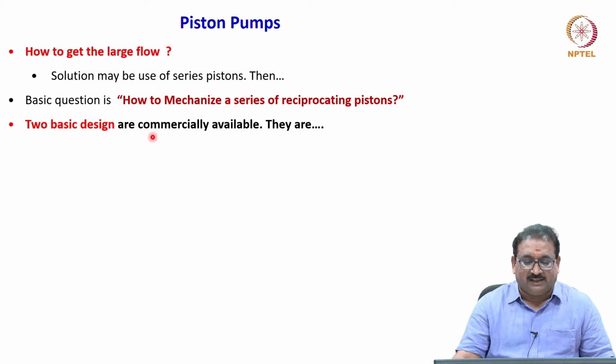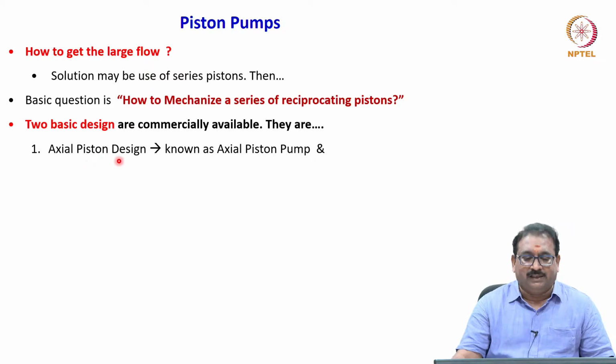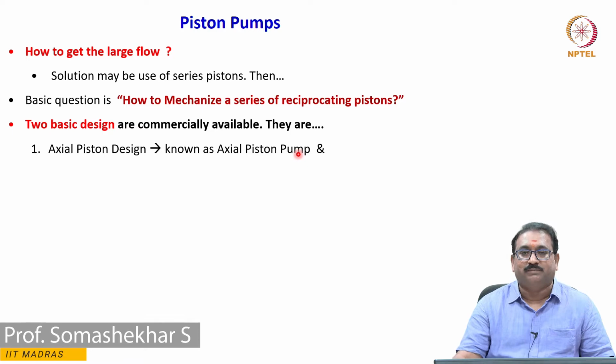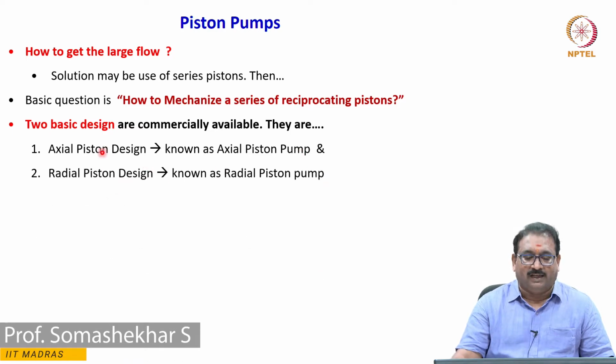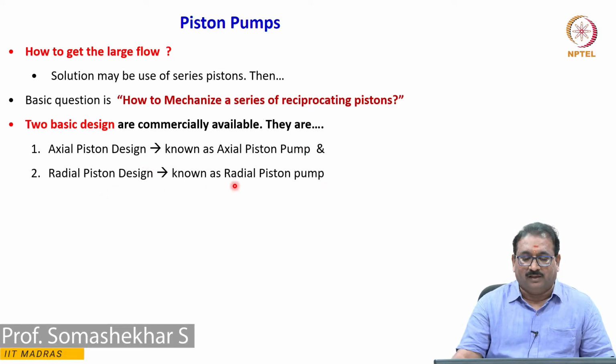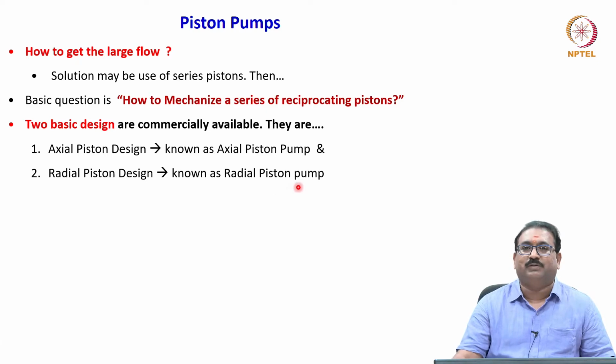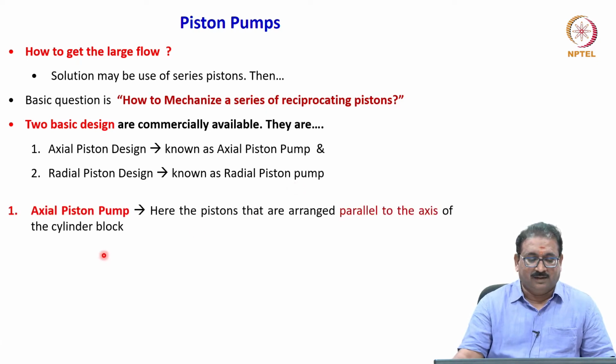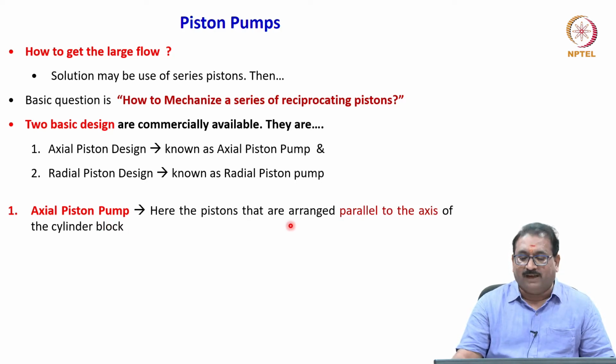Two basic designs are commercially available in the market. They are the axial piston design, also known as axial piston pump, and the radial piston design, also known as radial piston pump. In axial piston pumps, what is the meaning of axial here, friends? The pistons are arranged parallel to the axis of the cylinder block.